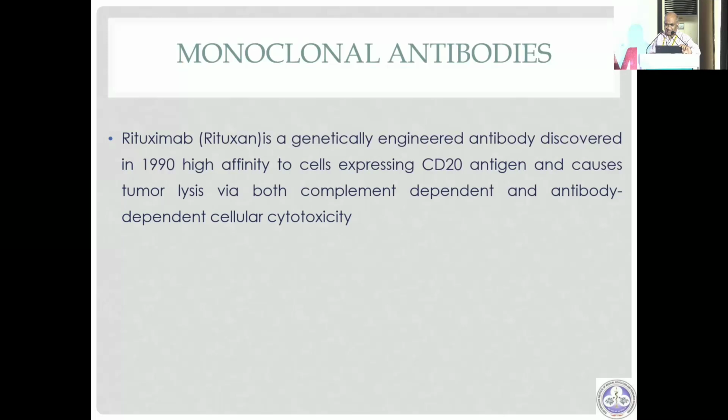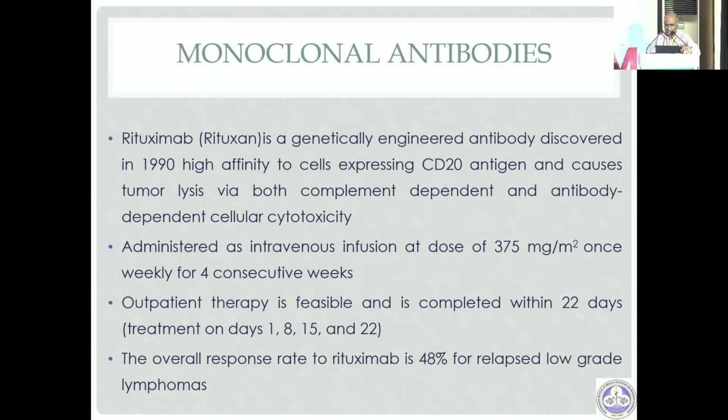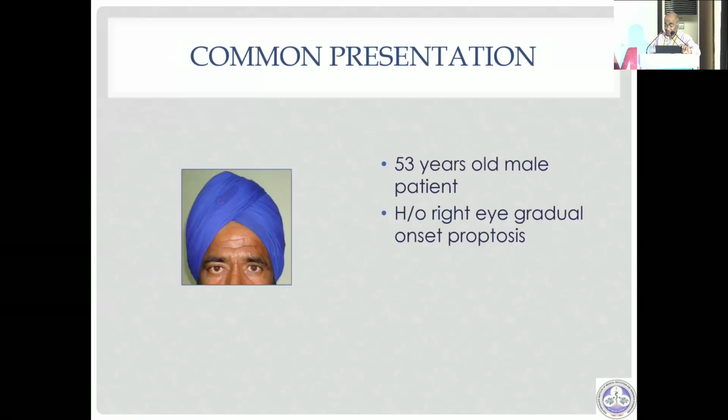But rituximab in combination with CHOP is the commonly followed regime nowadays. Rituximab has high affinity to cells expressing CD20 antigen, and it is administered as an infusion. Outpatient therapy is feasible on a daycare basis, and it has a good response rate.